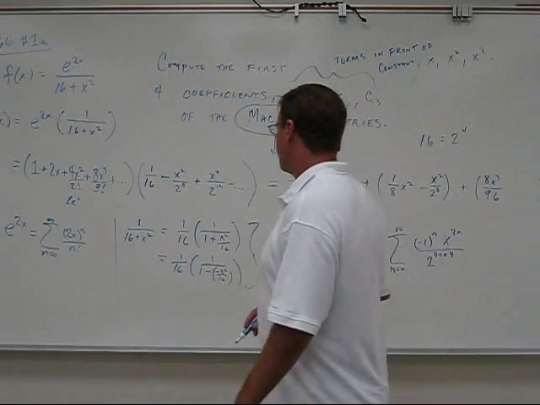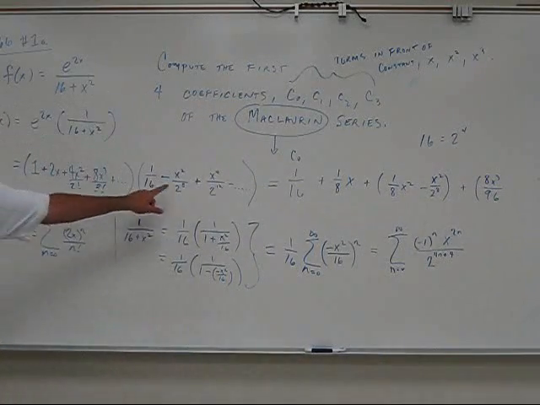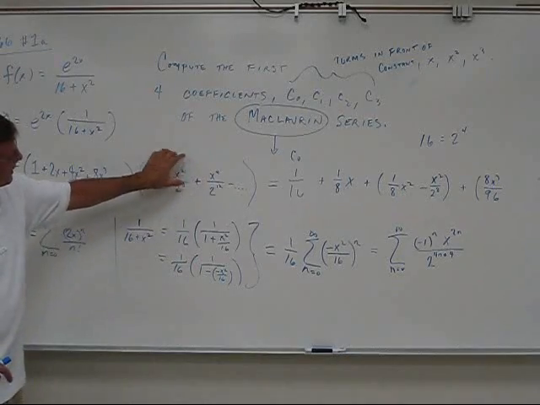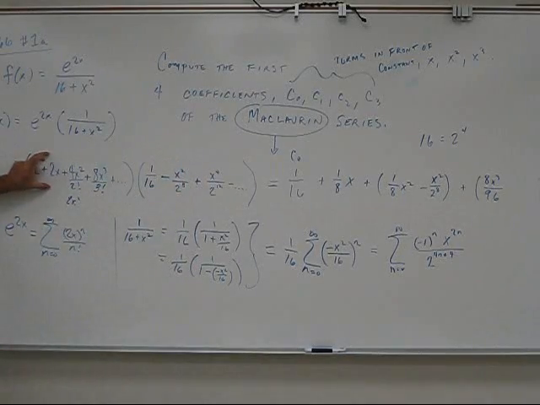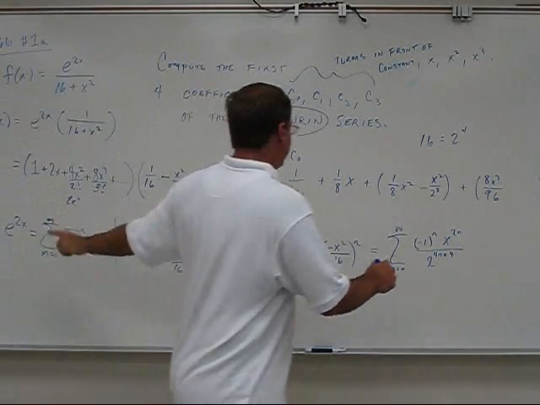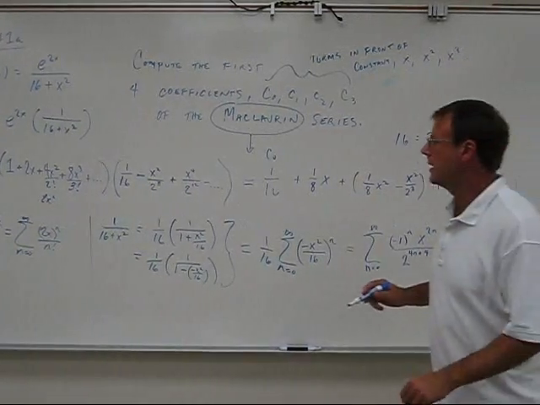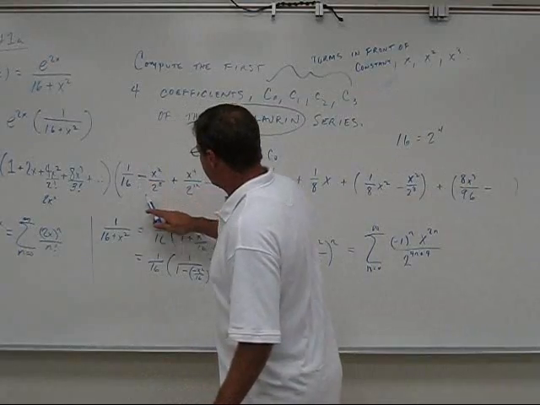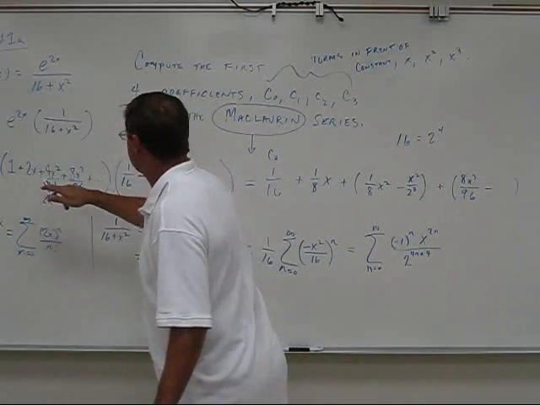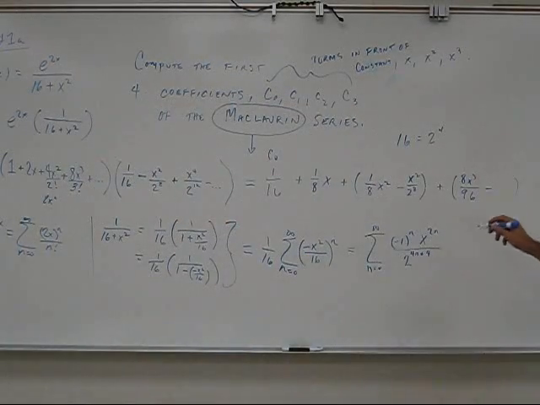And then the other x cubed term could come from this x squared here being multiplied by this x. So that gives me minus x cubed. I'm multiplying this one with this one. So one of the twos cancels and I get negative x cubed over 2 to the 7th.